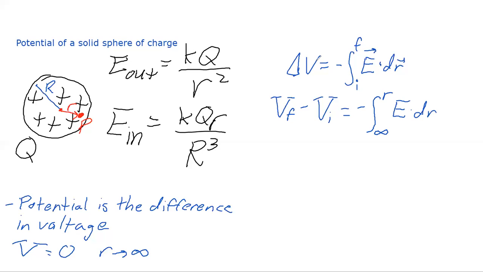E dot dr. So I could simplify it in the next line here. V final: if my initial r is infinity, V initial is just going to be 0. That's how we defined V initial. So the left side just becomes V final, my voltage at point P.